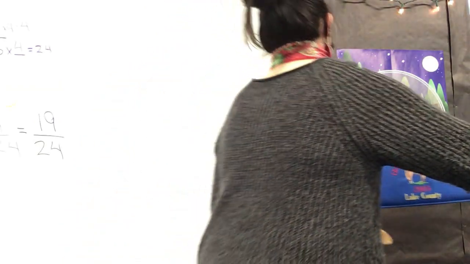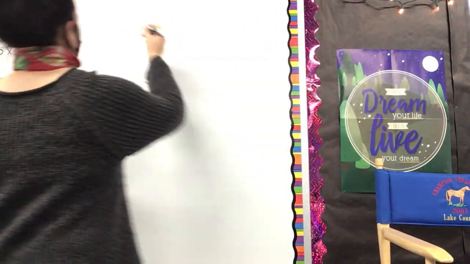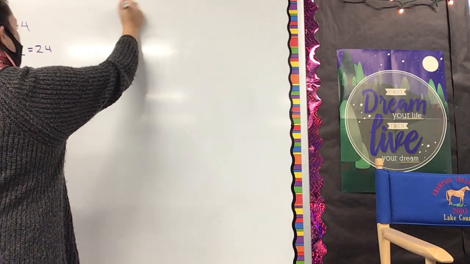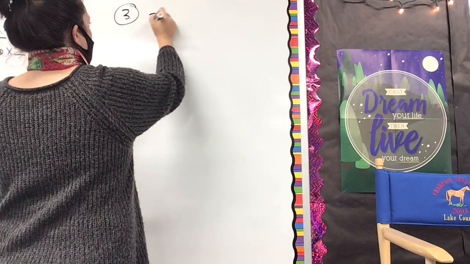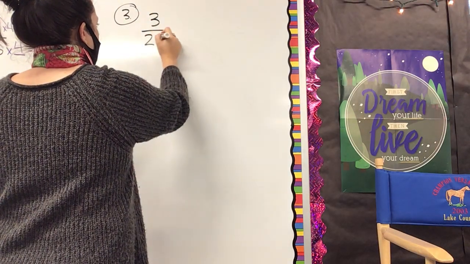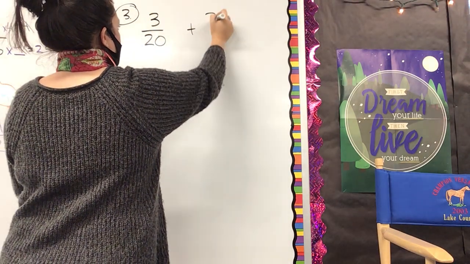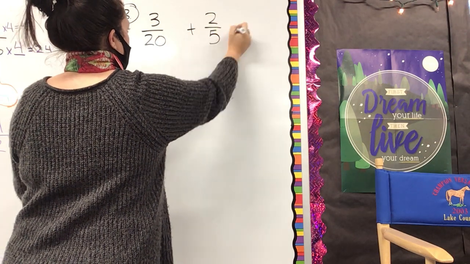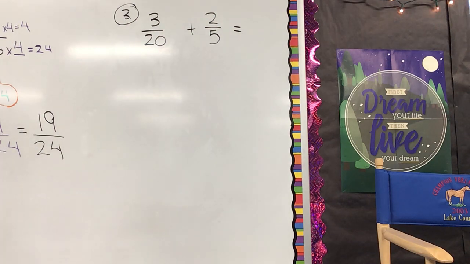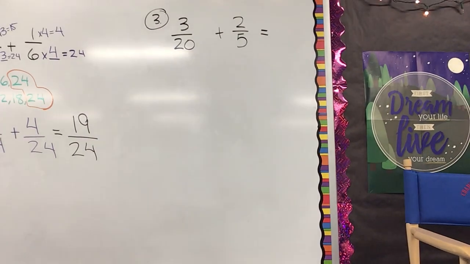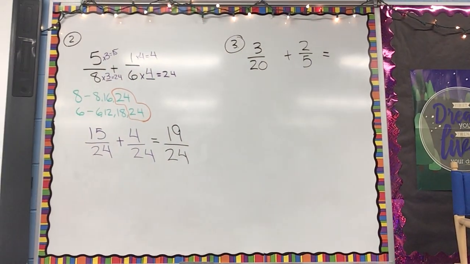Let's do number 3. Number 3, I'm going to have you try on your own. Ladies and gentlemen, your notebook needs to stay organized here. There are lots of steps that you're going to make a mistake on if you have sloppy work, not using your lines.